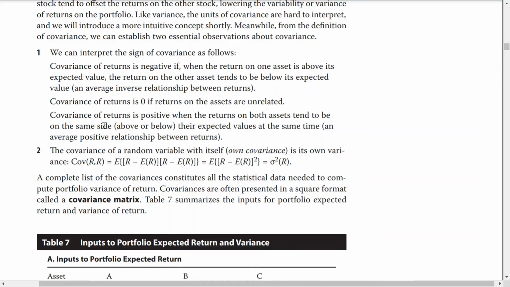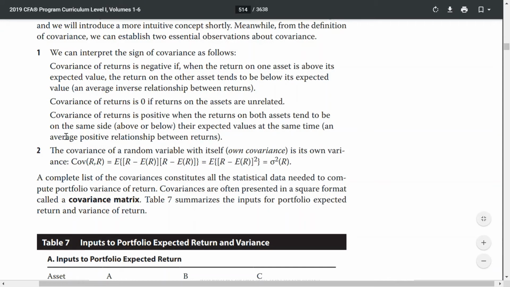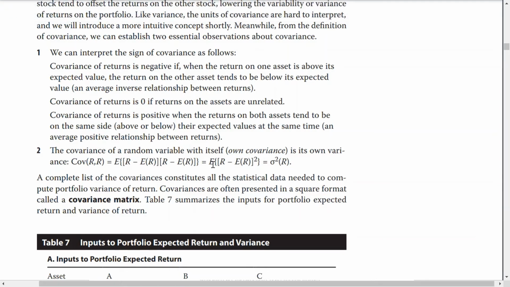Covariance of returns is 0 if returns on the assets are unrelated. Covariance of returns is positive when the returns on both assets tend to be on the same side, above or below their expected values at the same time. An average positive relationship between returns. The covariance of a random variable with itself, or own covariance, is its own variance.